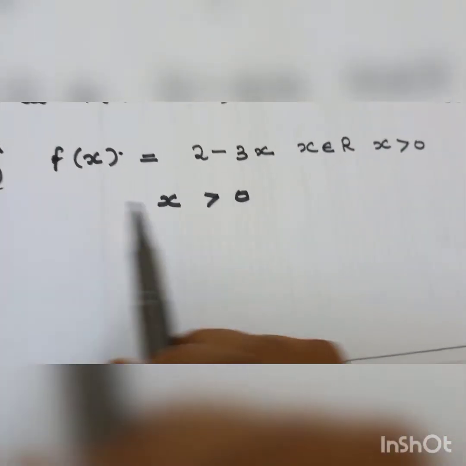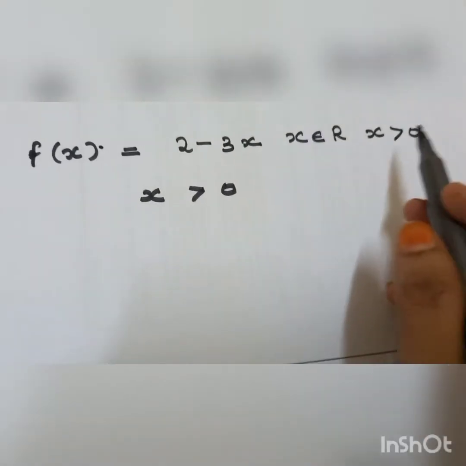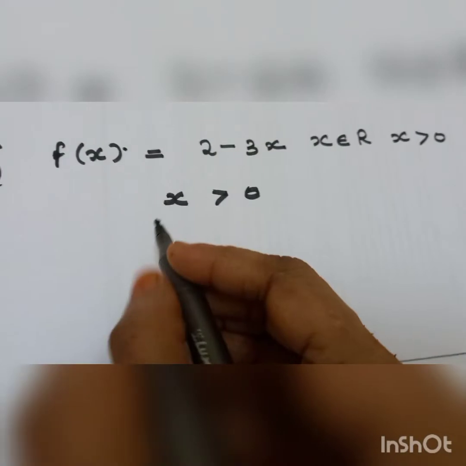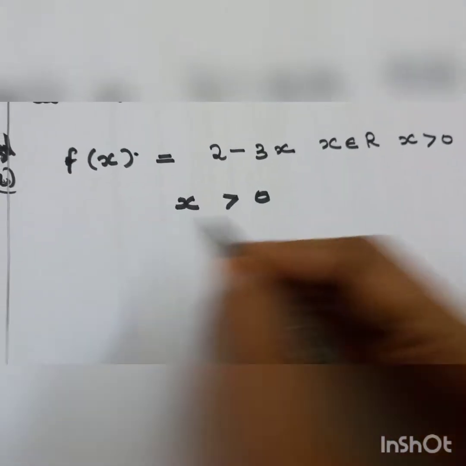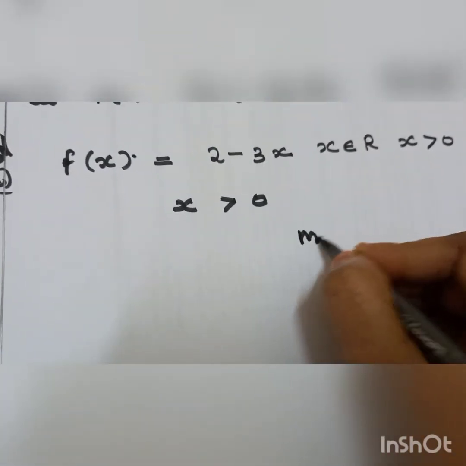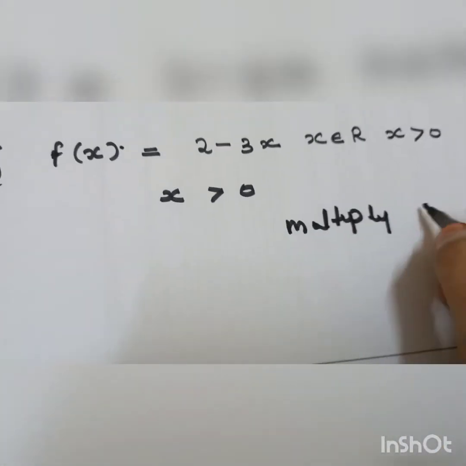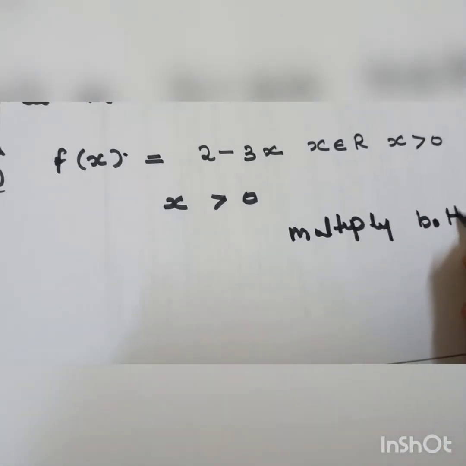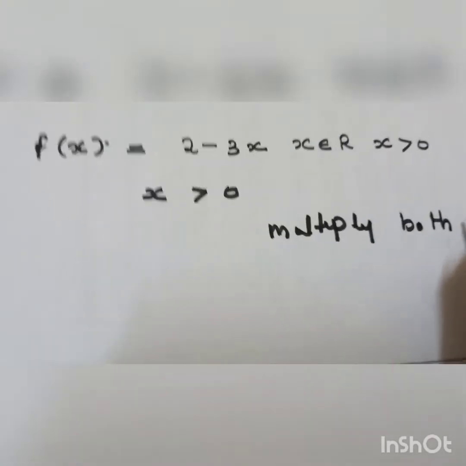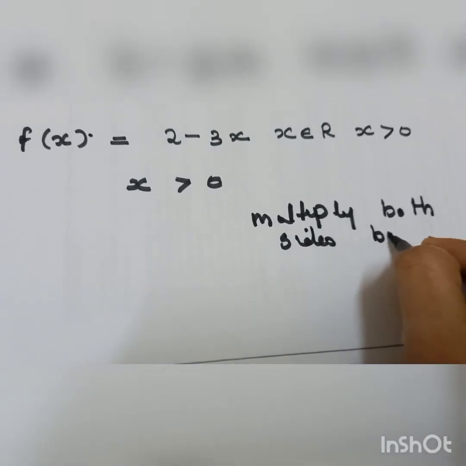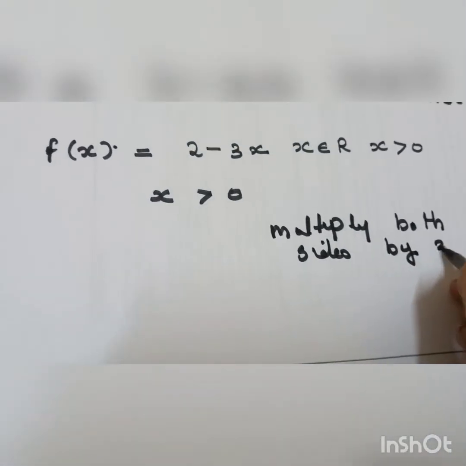Solution. What is the condition given? x is always greater than 0. So we can write, multiply both sides by 3.